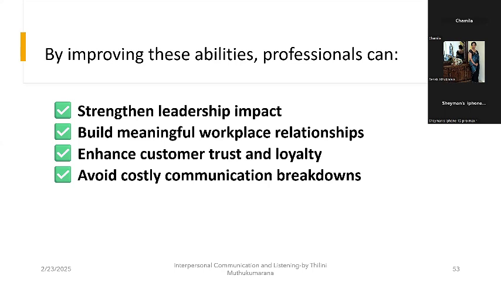You can build meaningful workplace relationships, and also earn trust and loyalty through that. Money can't actually earn trust and loyalty. It's a human-based thing, right? So trust and loyalty can be earned only through communication and active listening. And also you can avoid costly communication breakdowns. That's a very important thing.